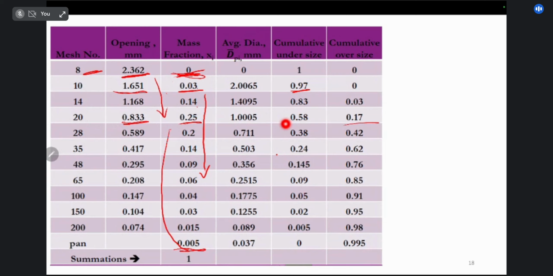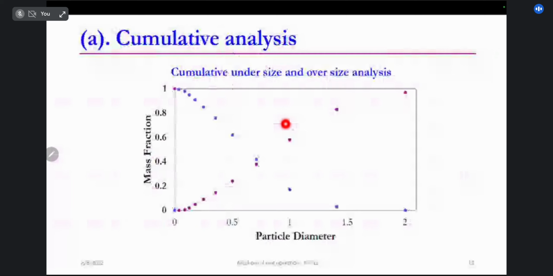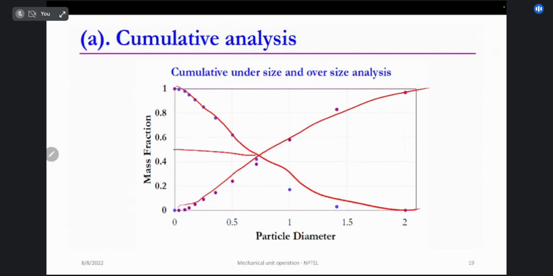So now you will see a decreasing pattern for the cumulative undersize and an increasing pattern for the cumulative oversize. So our first calculation will be completed if you just plot these cumulative oversize and undersize values. As you can see, it will pass somewhere near 0.5.